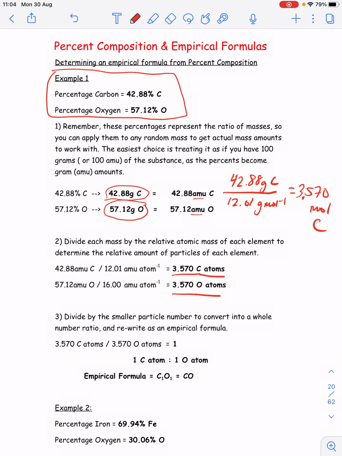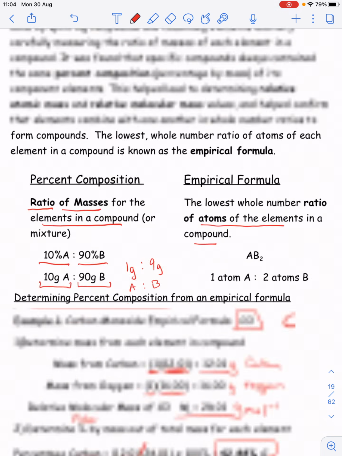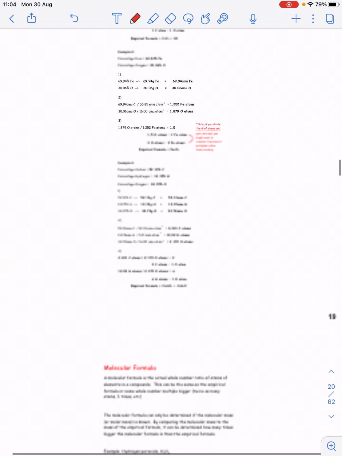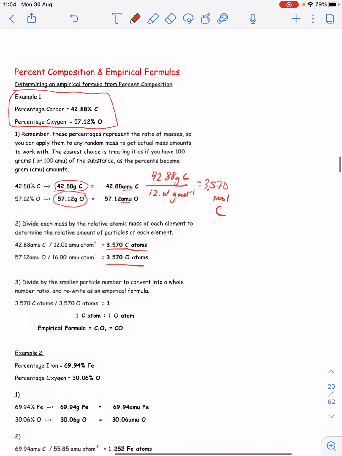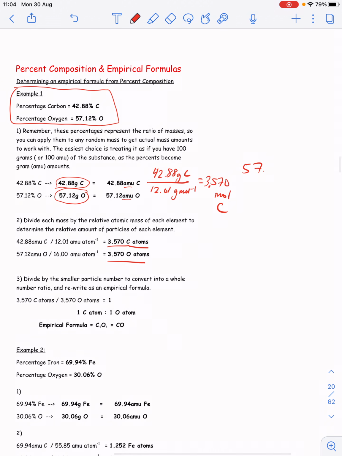If I repeat the process for oxygen, then I do 57, whoa, where'd I go? There we go. If I repeat the process and I say 57.12 grams of oxygen divided by 16 grams per mole for each oxygen, I also get 3.570 moles of oxygen.